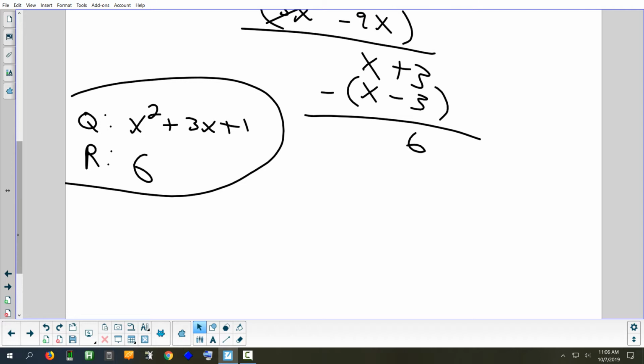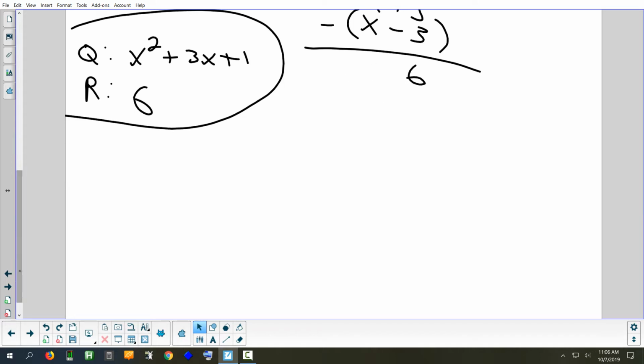Okay. Now, another way you can write the quotient and remainder, think about like if you had numbers. Let's do 13 divided by 5. What's the quotient when you do that? 2. What's the remainder? 3.